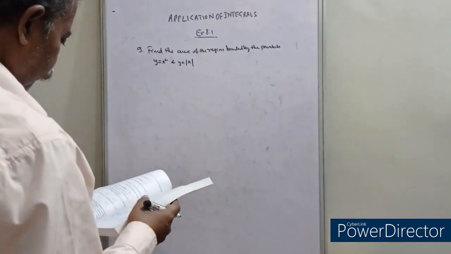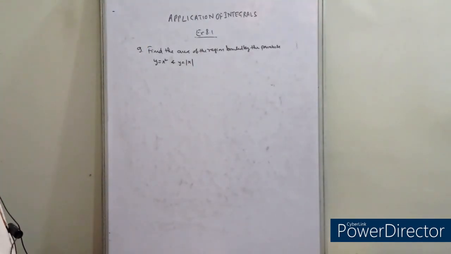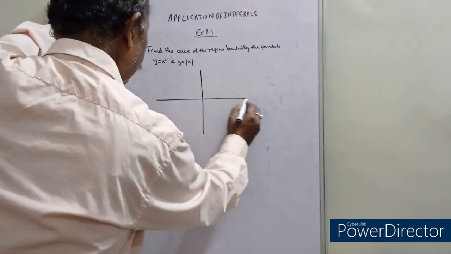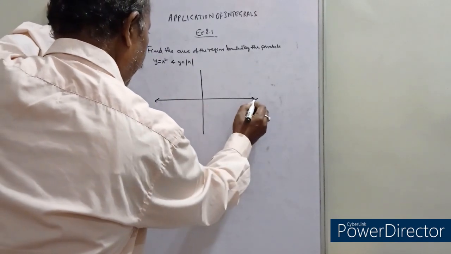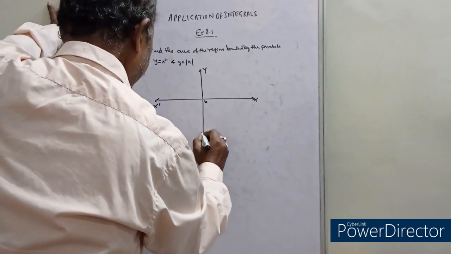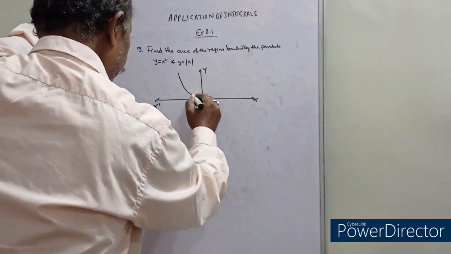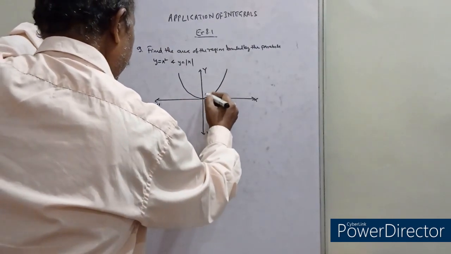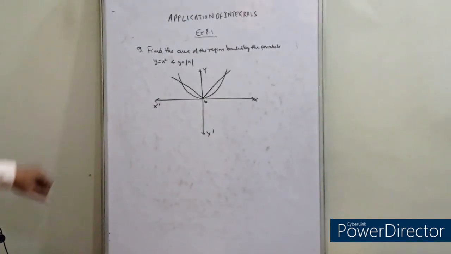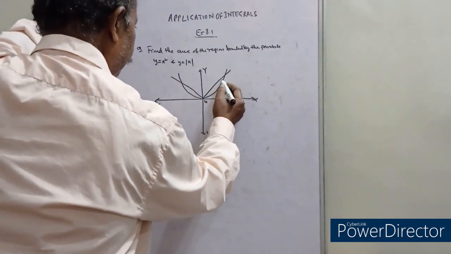So here you see the graph of this equation, that is x'ox, y'oy, the graph of this will be this parabola, and the graph of modulus x will be this. So you have to find out the area, that means this part.